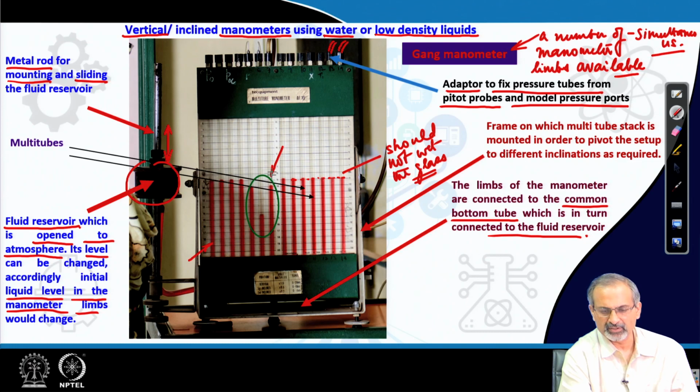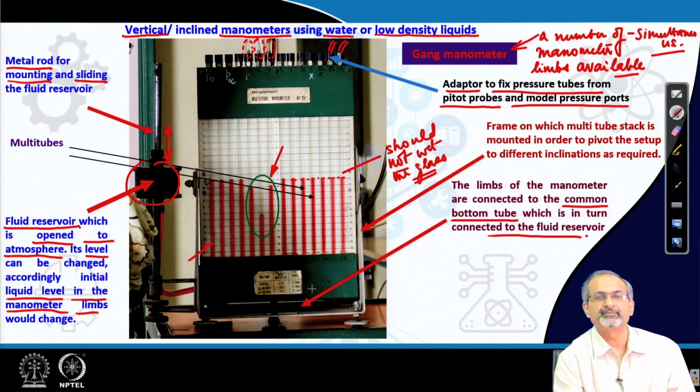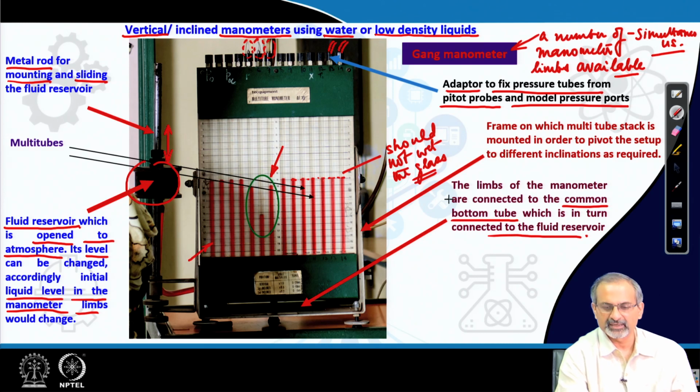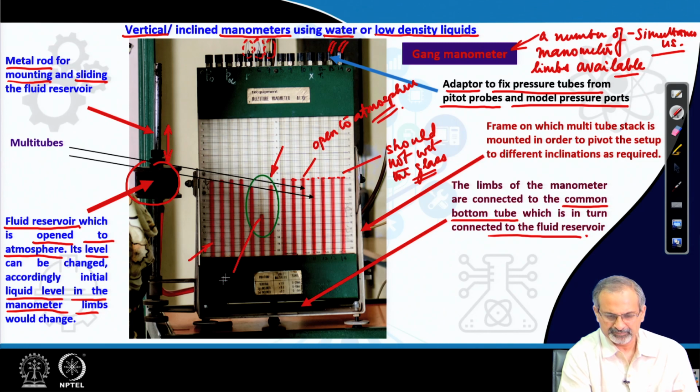Now, you can figure out that this green elliptical zone is showing 3 limbs where the height has changed. So, you can intuitively make out that there are pressure tubings which are fitted to these 3 ports, and which is the reason for the change in their height. You can see that the other limb heights are all constant, and they are essentially open to atmosphere. Lower the level, higher the pressure.